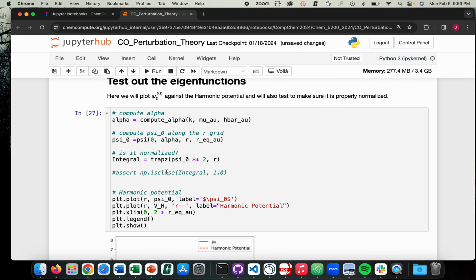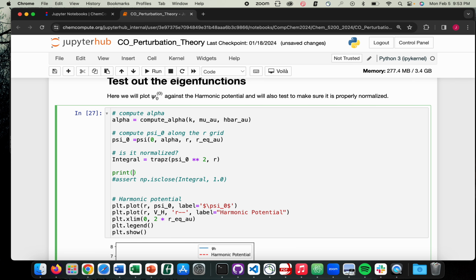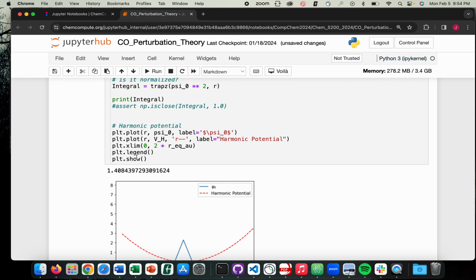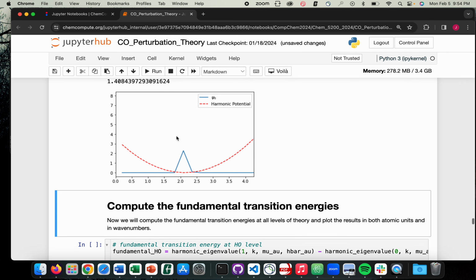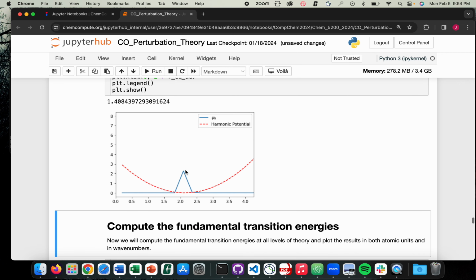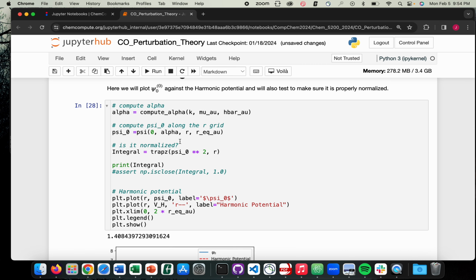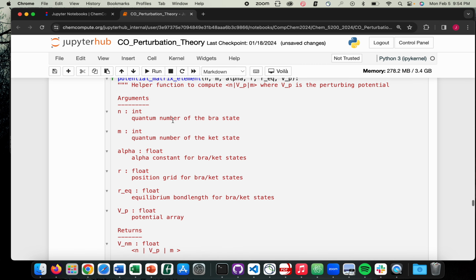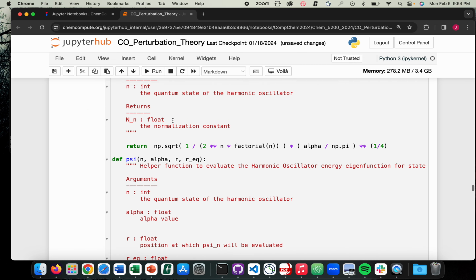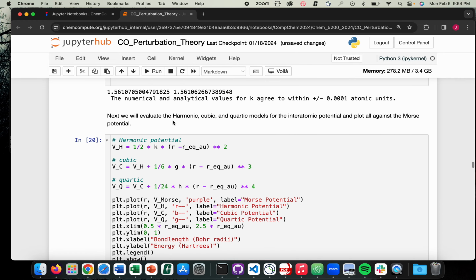Something really crummy about my grid, but that's okay. What is the value of this integral? 1.4. So anyway, that's interesting. This is the ground state, and it does not look very good, but I think that's probably just because my grid of R values is really coarse.